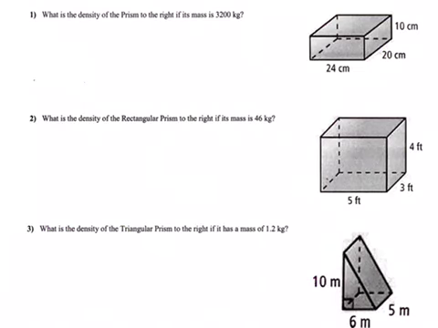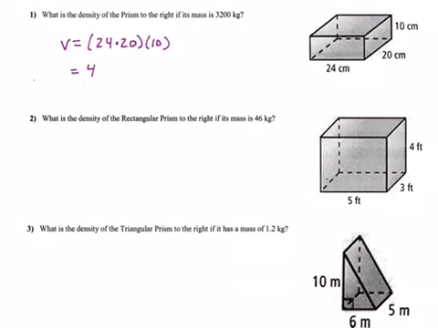What is the density of the prism to the right if it has a mass of 3,200 kilograms? To find the density, we first have to find the volume. We take the area of the base, which would be 24 times 20, times the height of the prism, which would be 10, and we calculate the volume.